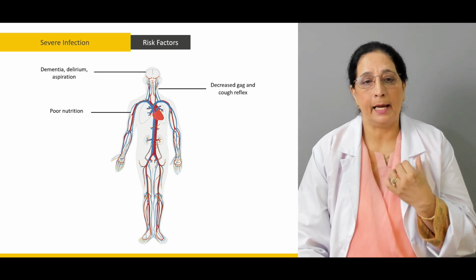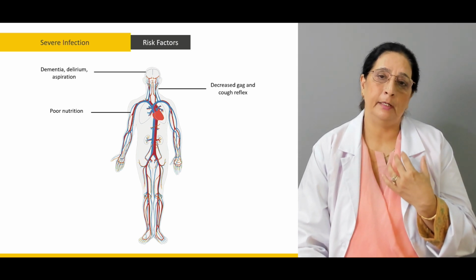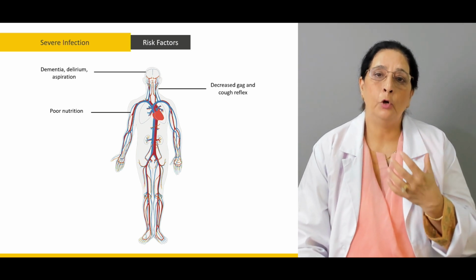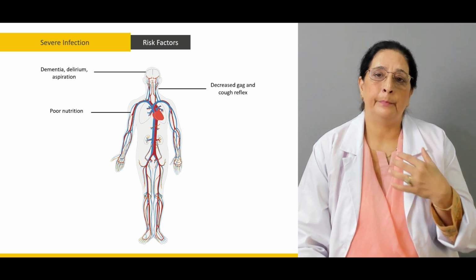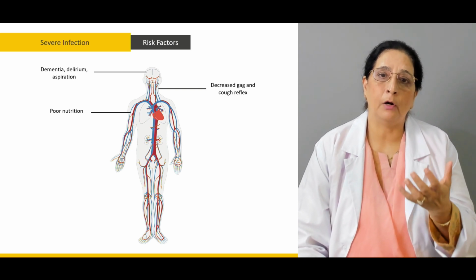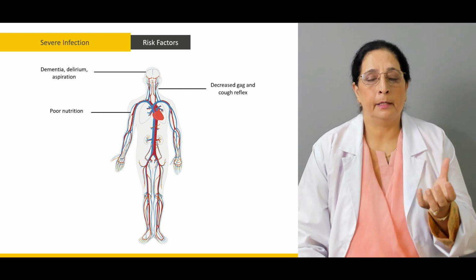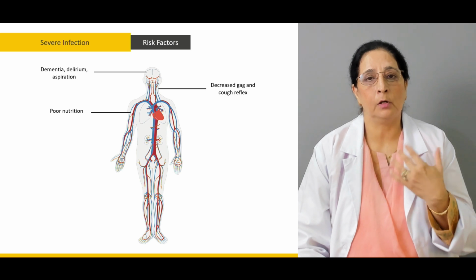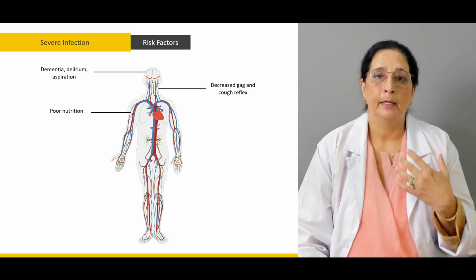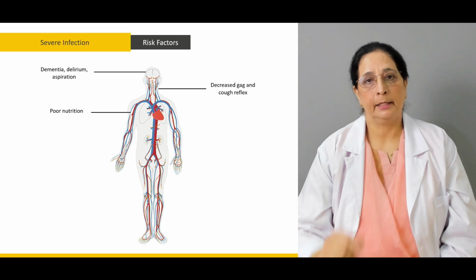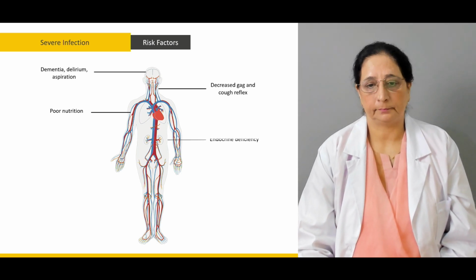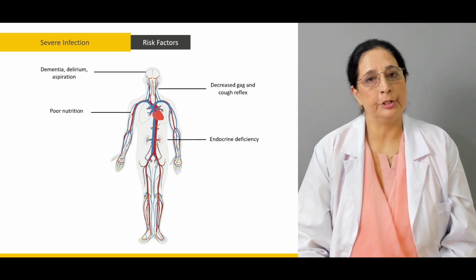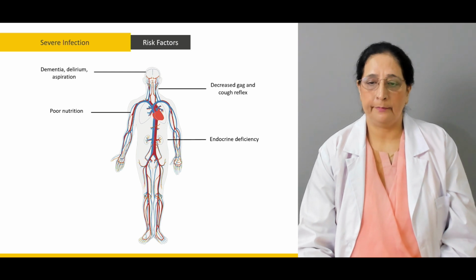Decreased gag and cough reflex. If there is decreased gag and cough reflex, the person cannot get rid of the microorganisms that reach the throat or the respiratory system, which can again lead to severe infection. Endocrine deficiency can cause severe infection.